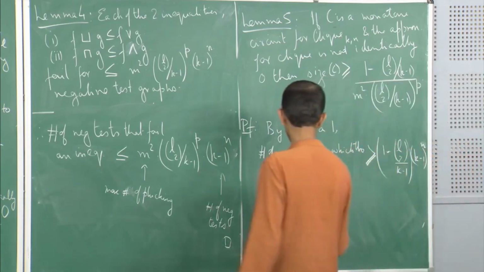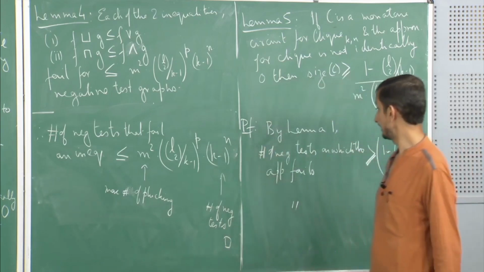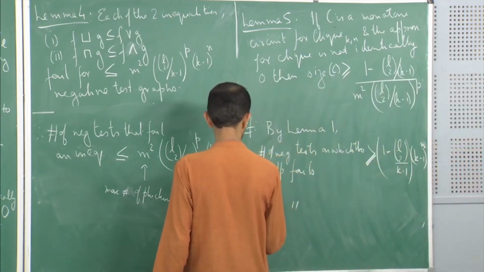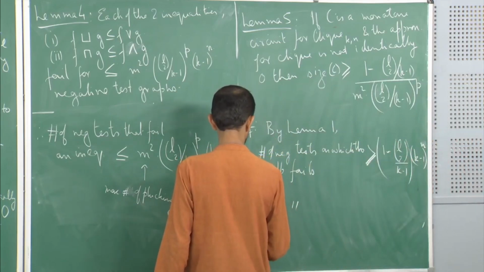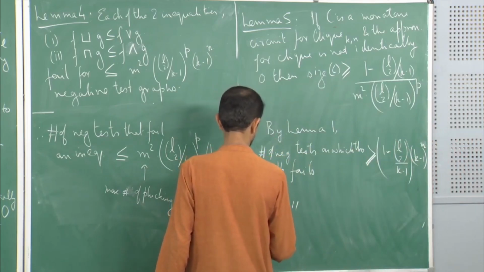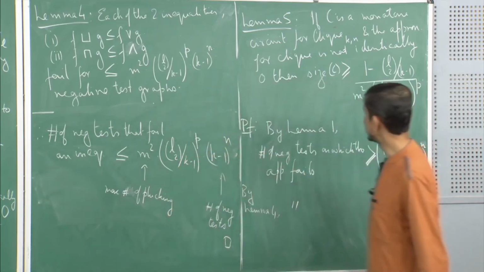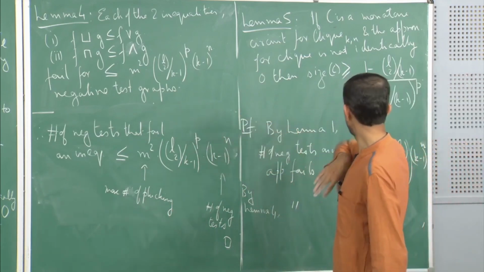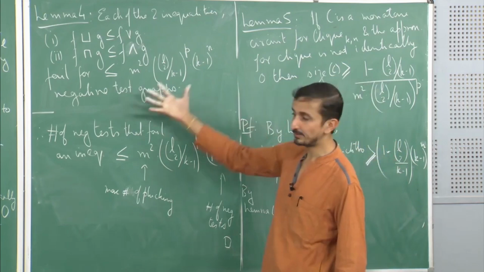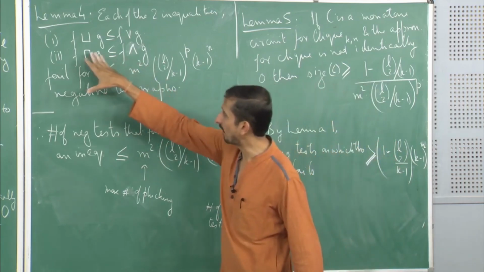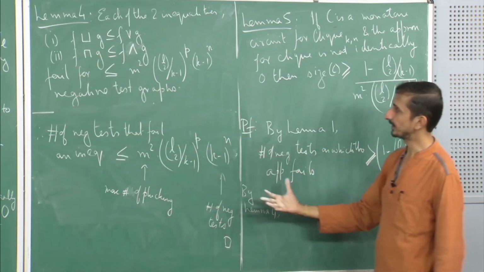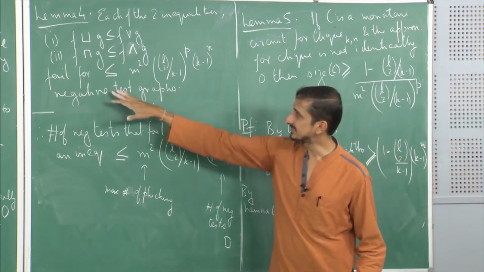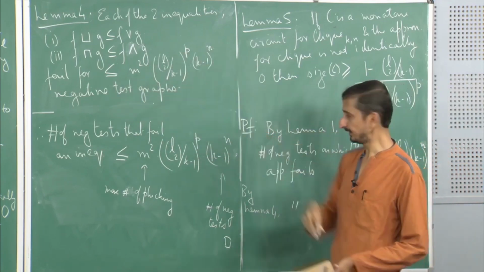Okay, and by lemma 4, what we have is the number of negative tests on which the approximator fails. This is basically where one gate is failing, but the number of negative tests on which the entire approximator will fail is basically the size times this quantity.